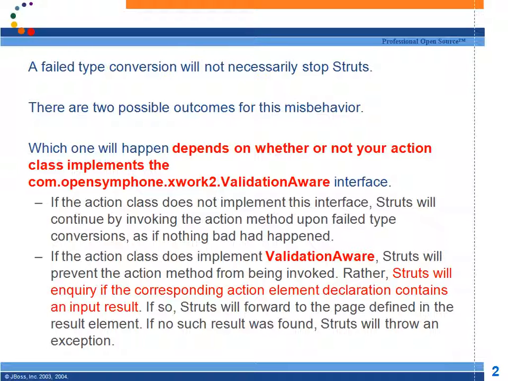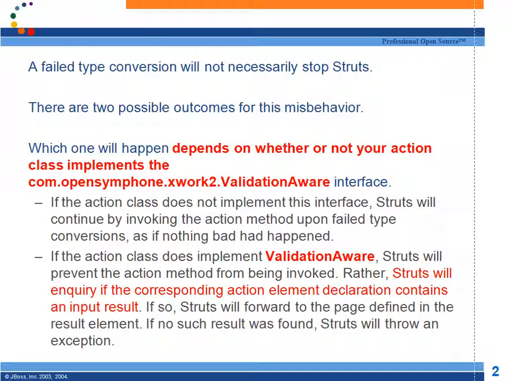A failed type conversion will not necessarily stop Struts. When conversion fails, it will not stop Struts. There are two possible outcomes for this behavior. Which one will happen depends on whether or not your action implements the ValidationAware interface.